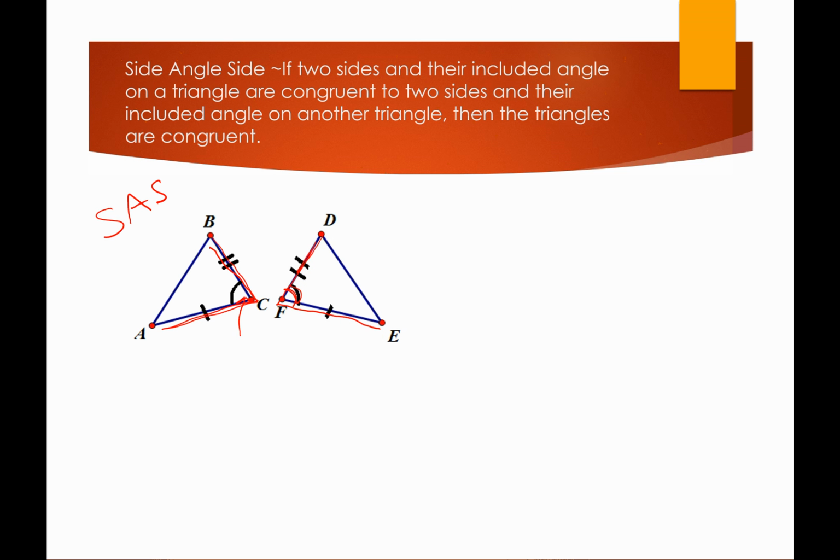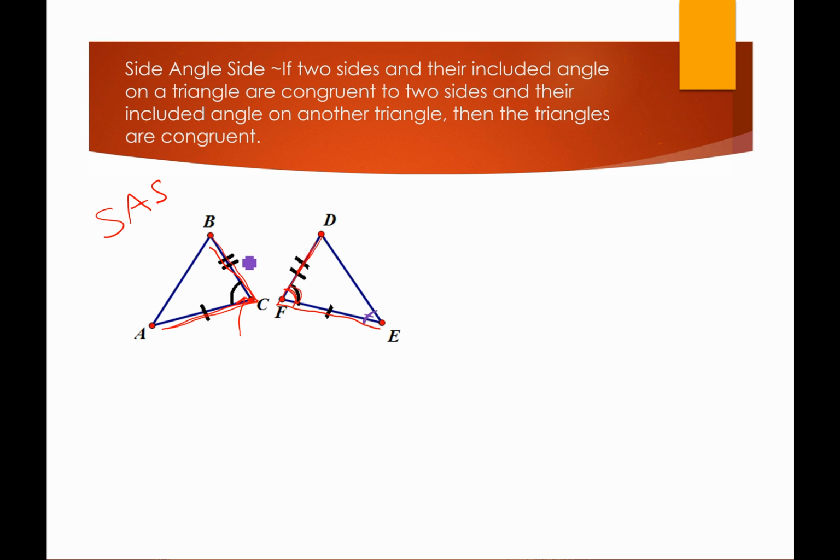Okay. If I were to look at, say, E, E is not included, because while FE makes up one side, DE does not. So E is not an included angle. So when we do this, it's important that we have the included angles.